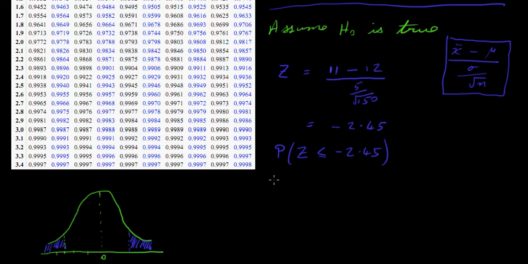This is simply going to be equal to 1 minus the probability that Z is less than or equal to 2.45. We've done these kinds of things previously in a previous video. So when you work that out, you get 1 minus 0.9929.